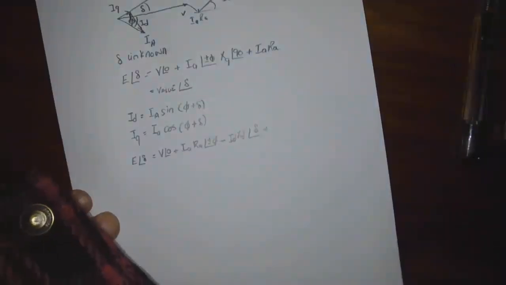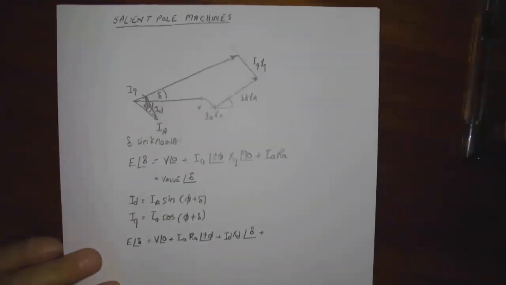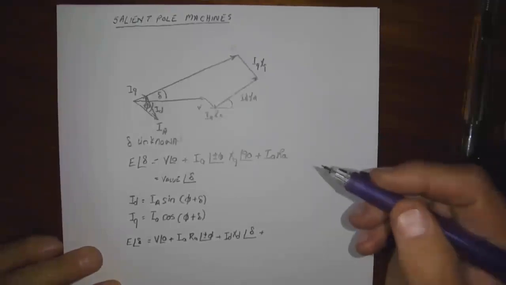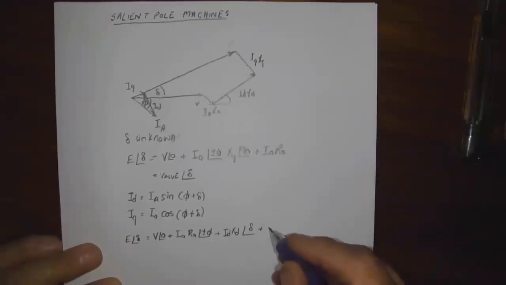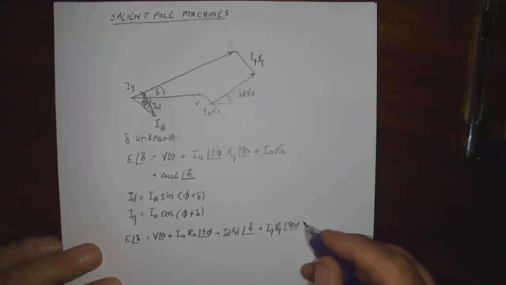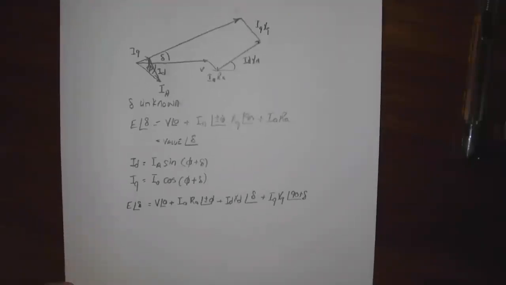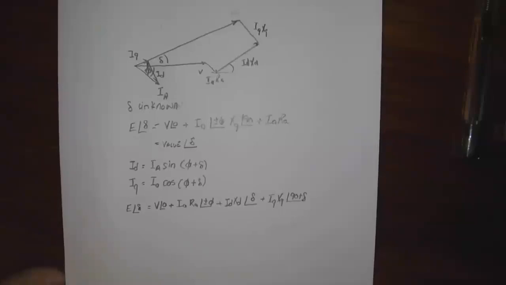So therefore, plus IQ XQ angle 90 plus delta. Now with that, we can determine the induced EMF.